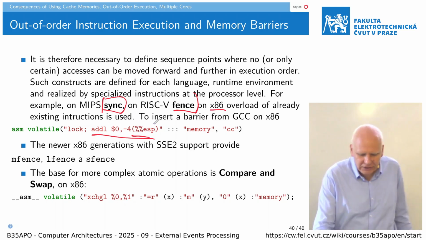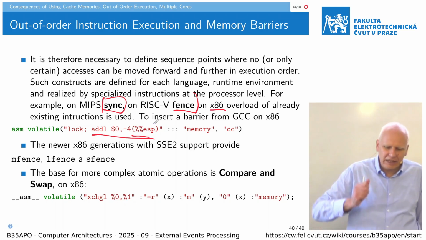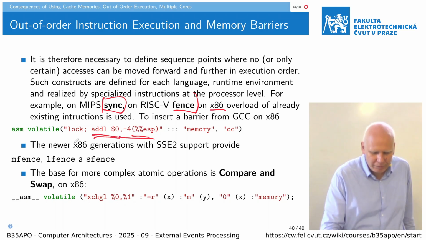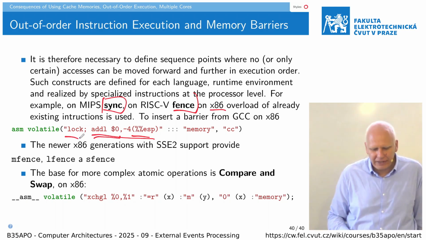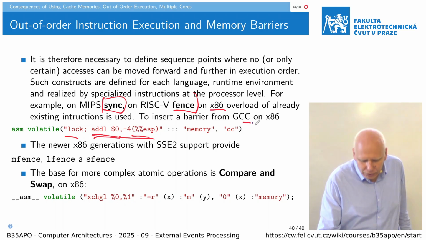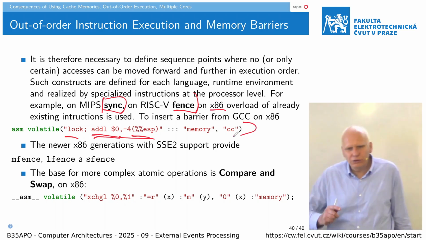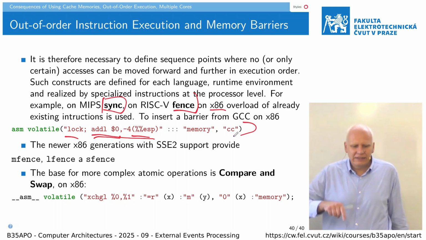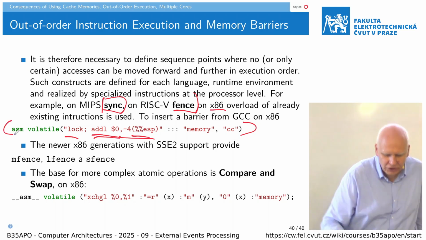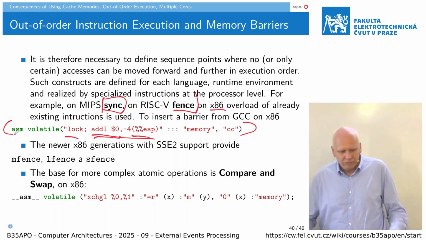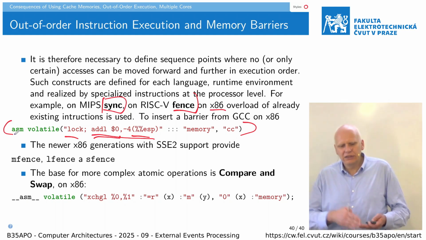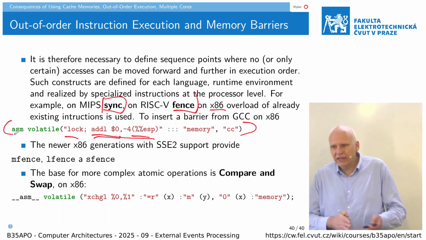But because this is an operation which reads the data and stores the data, and if the processor detects this operation and this lock prefix, then it is used as a barrier, and newer versions of the x86 processor detect this specific combination of operands and respond by issuing the barrier instruction and ensuring the ordering.